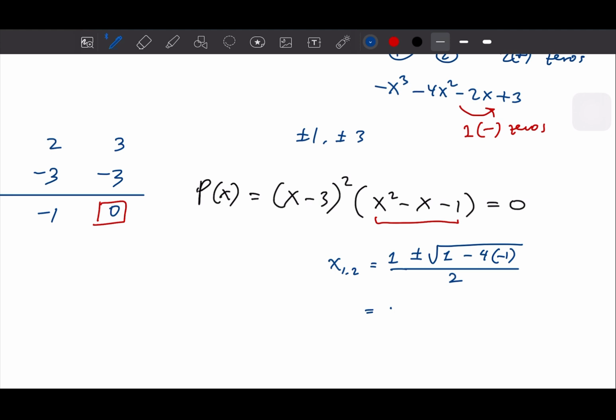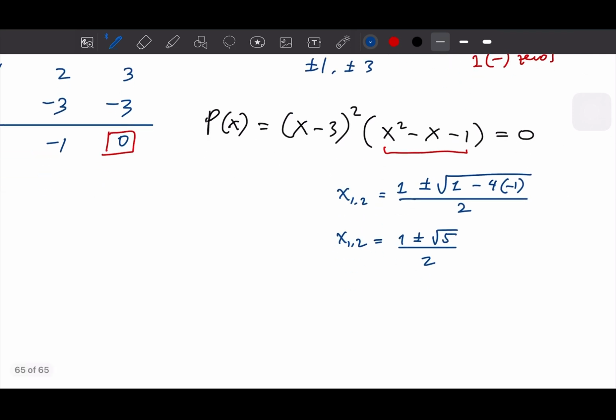So it should be 1 plus minus square root of 5, divided by 2. So we have zeros 3 and 1 plus square root of 5 over 2, and the other part.